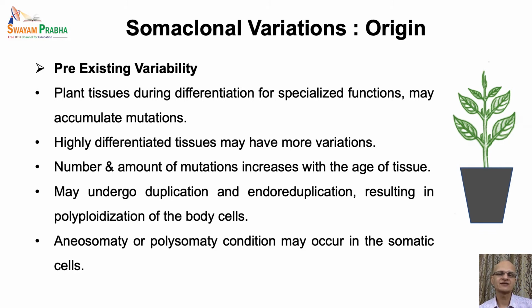Therefore, the chances of having pre-existing genetic variations in highly differentiated tissue are higher, and the extent of pre-existing variability contributed by the explant varies with the source of the tissue, the age of the tissue, and the health of the explant too.